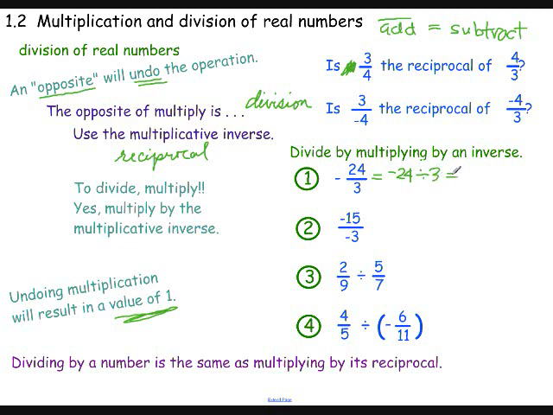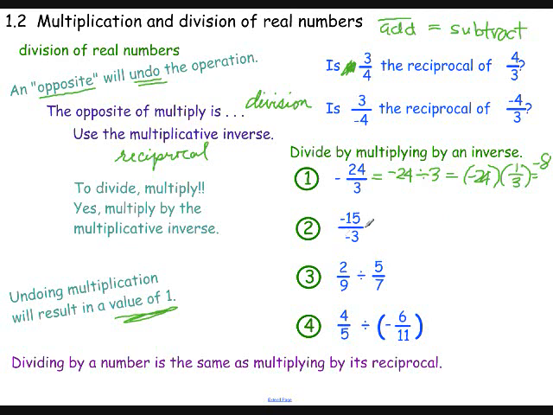And I want to change it into multiplication. So I can write -24 times the reciprocal of 3, 1/3. All of these represent exactly the same number, which is what? Negative, I didn't leave myself much room, -8.